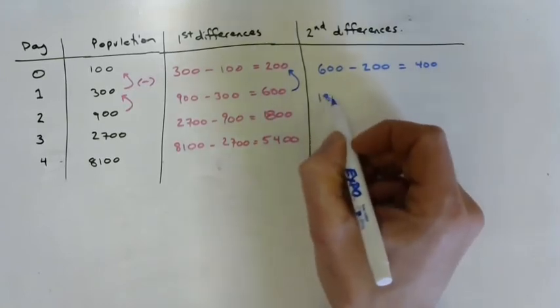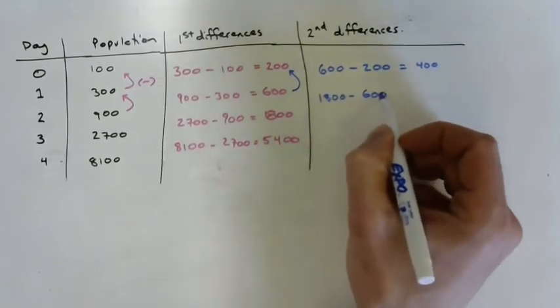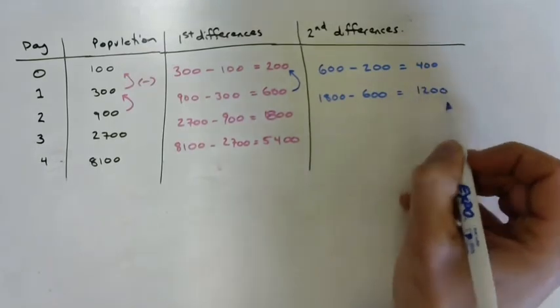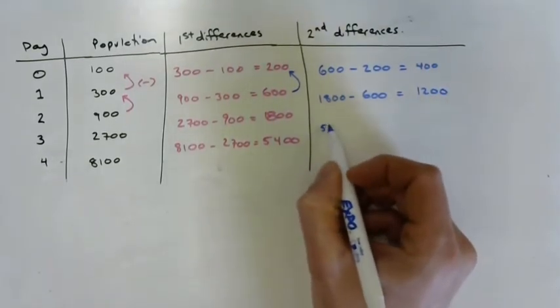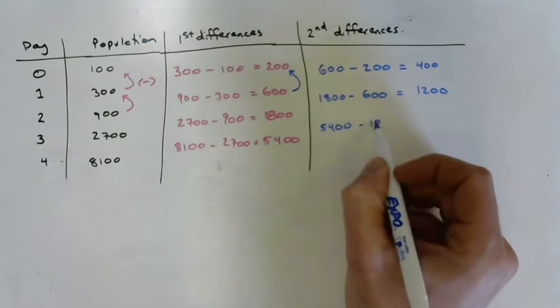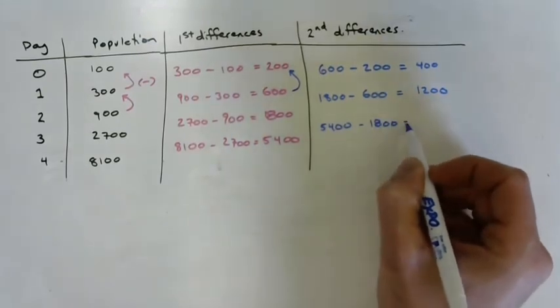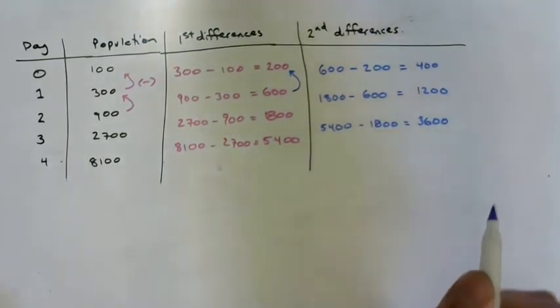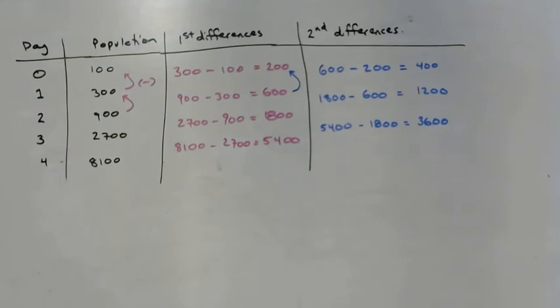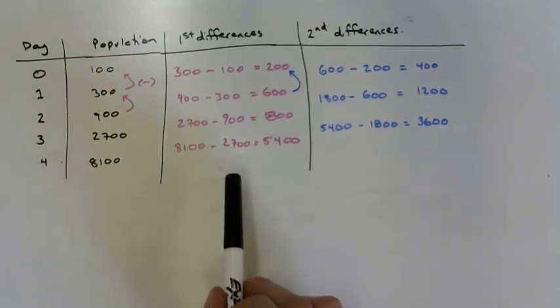Then you have 1800 minus 600. Then you have 5400 minus 1800. Constant or no? No. Okay. Again, if the first differences were constant, we would know it's linear. It's not.